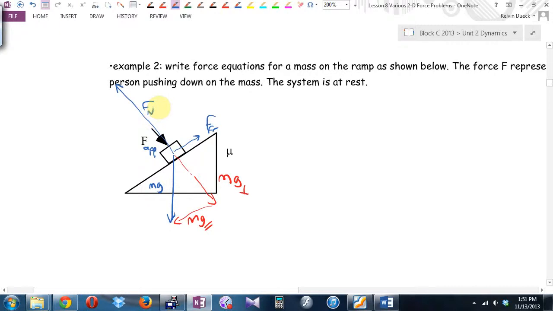In fact, if we were talking equations, I would say the normal force equals the applied plus perpendicular. And friction is mu times the normal force. Oh, and then the fact that it says it's at rest means it's a tie. Gravity down is canceled out by friction up.